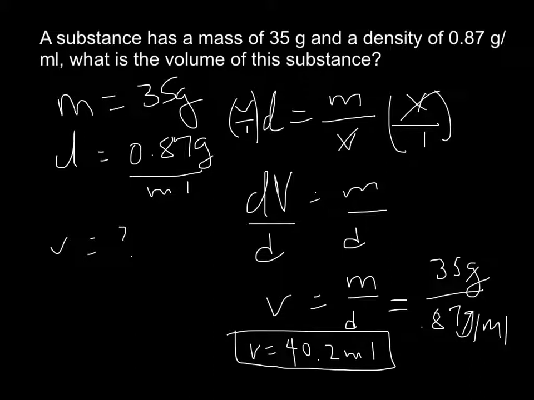Now notice that what we really did was just switch places between the density and the volume, and that made it a lot easier, right? Okay, so that is how to calculate the density. I'm going to give you a little practice calculating densities, and you go through this as many times as you need. We'll do one more example just to make sure you've got it.